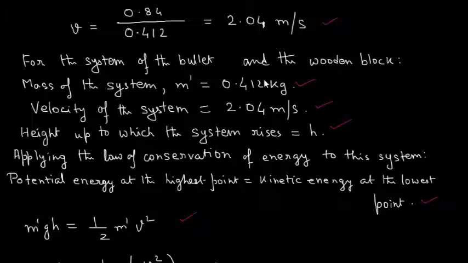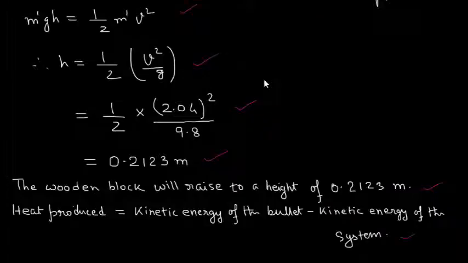That is m dash g h is equal to half m dash v square. h is equal to half v square upon g is equal to half into 2.04 whole square upon 9.8 is equal to 0.2123 meter. The wooden block will rise to a height of 0.2123 meter.